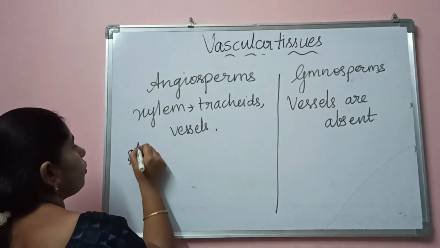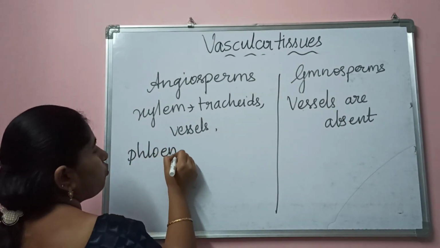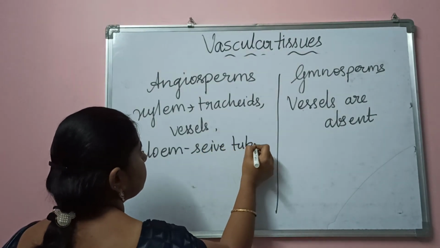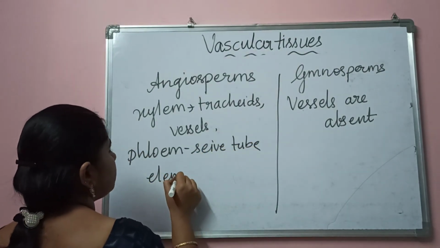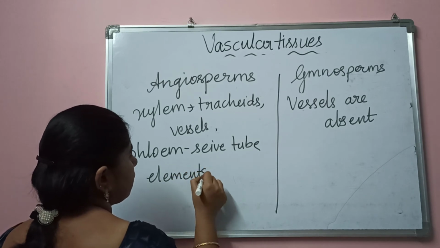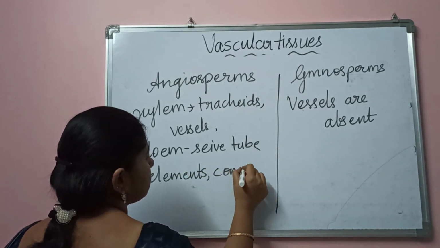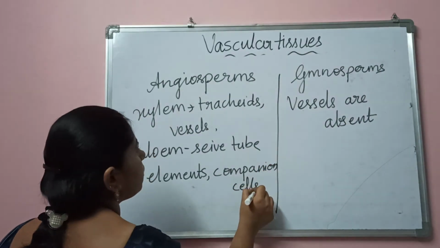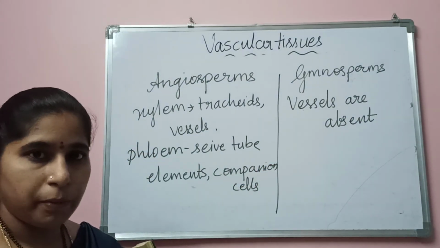Next, coming to the phloem, in angiosperms, sieve tube elements and companion cells are useful for the transportation of the food material.